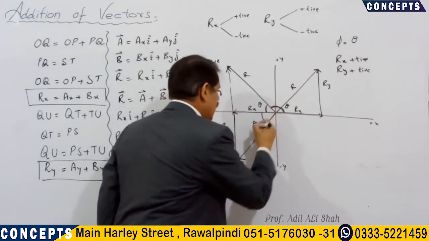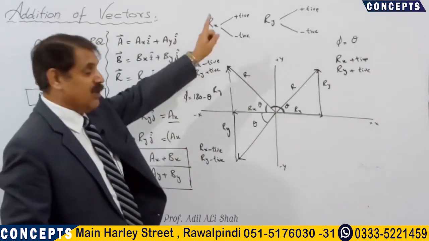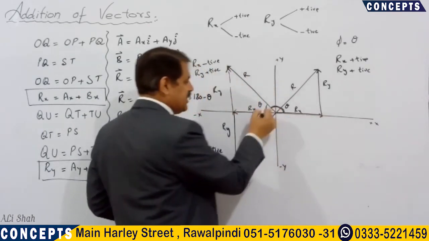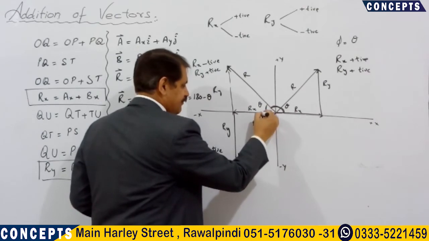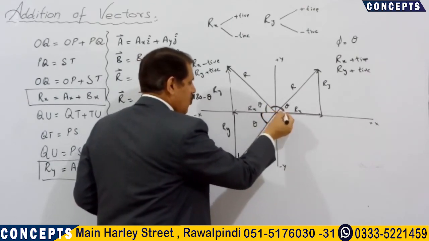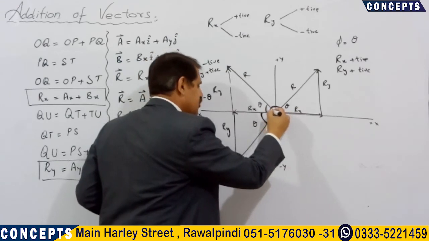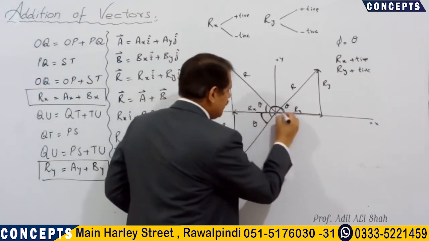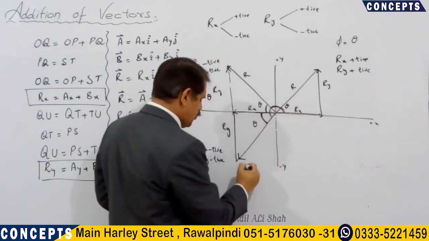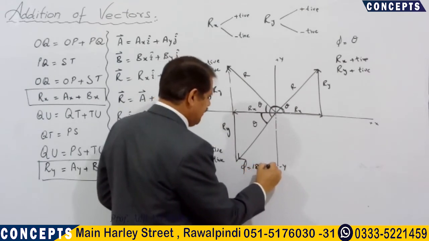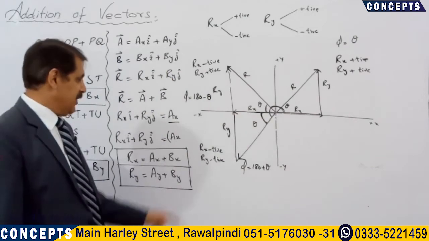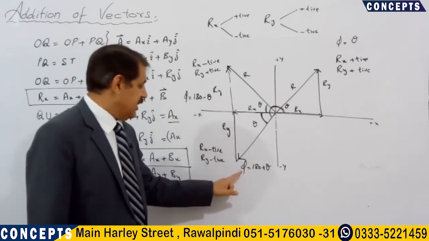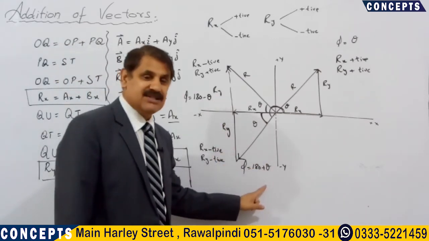This would be the angle calculated by the formula theta is equal to tan inverse of Ry over Rx, but you will have to take this angle with the positive x-axis. This total angle would be phi. This is theta, which you already know, and this is 180 degrees. So phi is equal to 180 plus theta. If Rx is negative and Ry is negative, phi would be 180 plus theta.